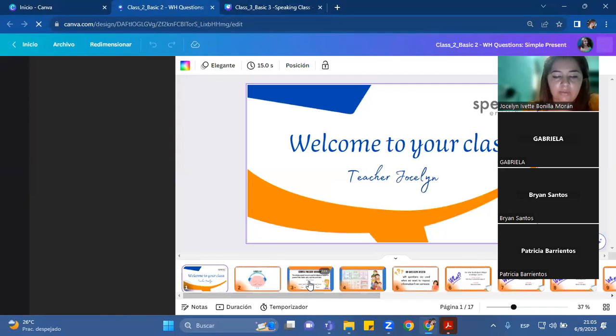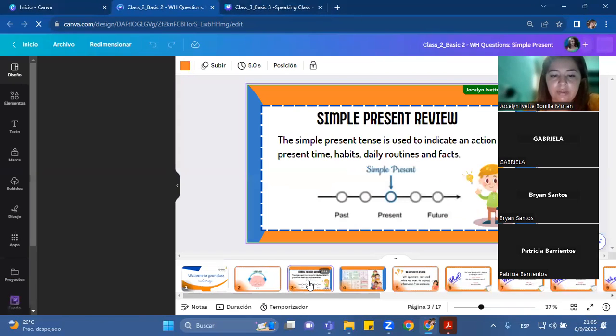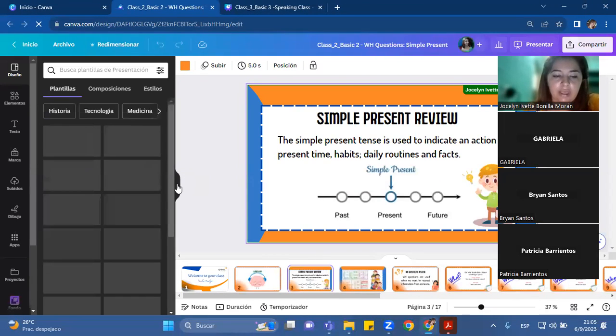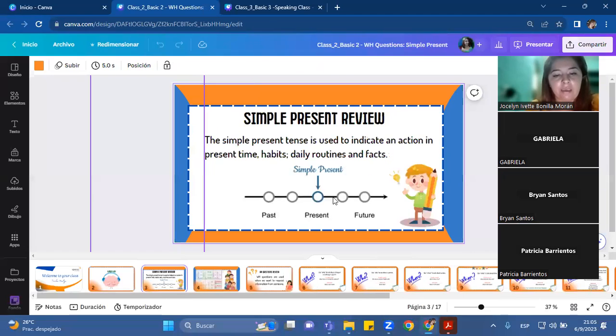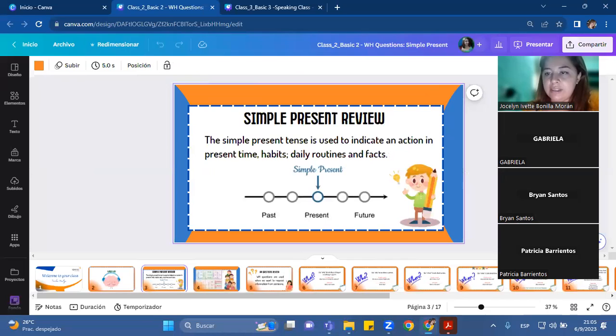Before we continue with the simple future, que es lo que vamos a ver, I just want to know if you know what a simple present is. Do you know when do we use a simple present? ¿Saben cuándo usamos el presente simple?